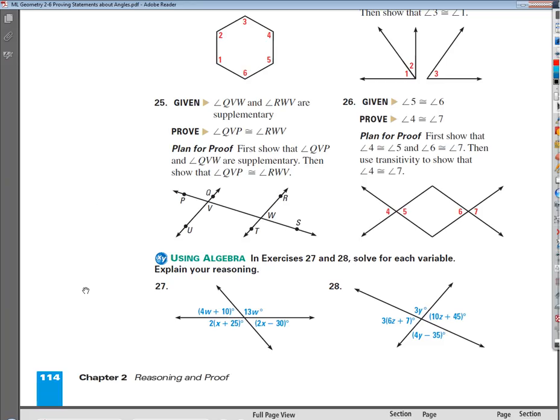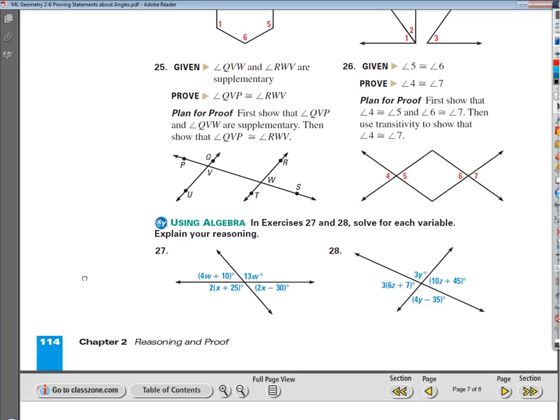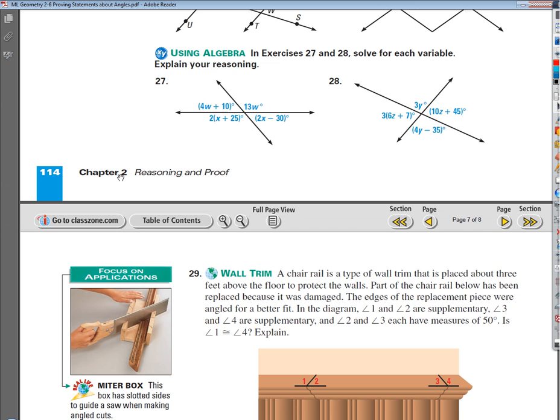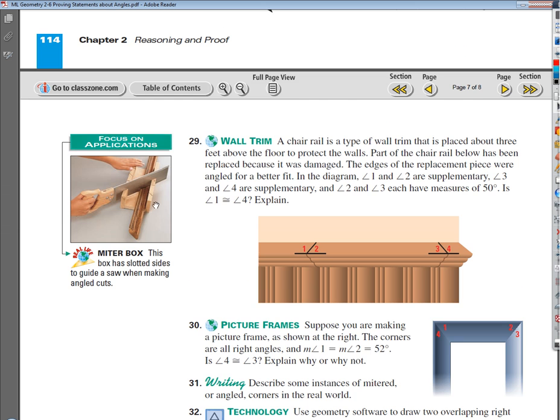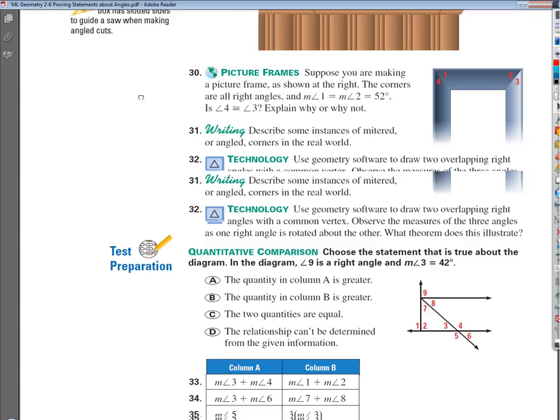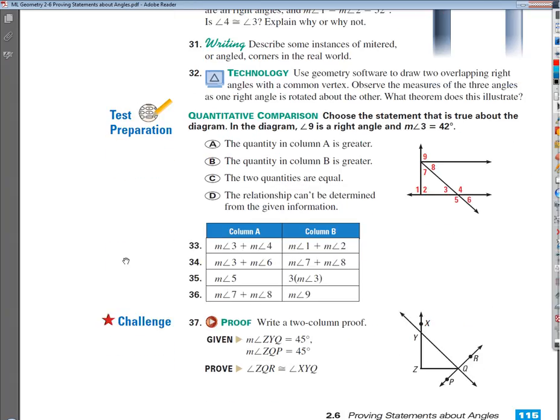I didn't understand what it was quite asking me to do, and it said explain my reasoning. What does it mean by explaining your reasoning? You don't have to do that. Oh, you don't have to. Okay. Yeah. Just solve for it. Yep, just solve. Anything else? I think we went through everything else.